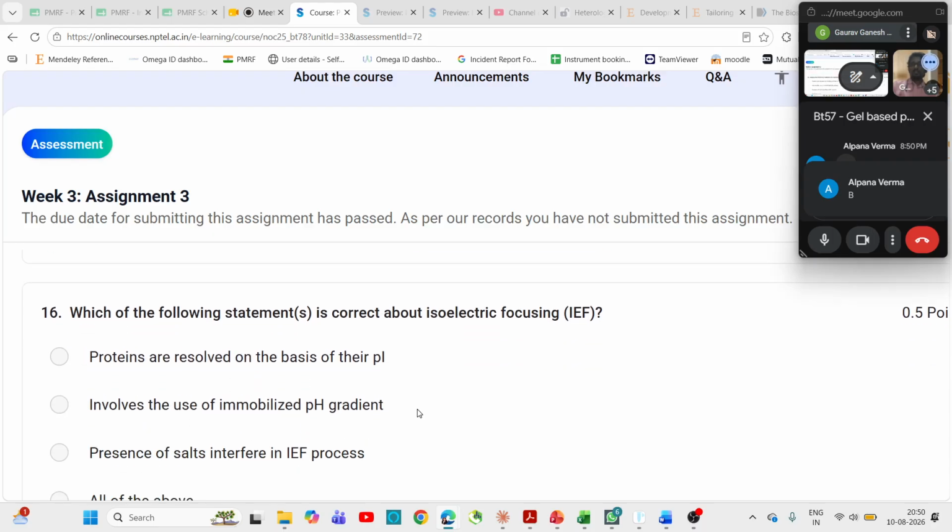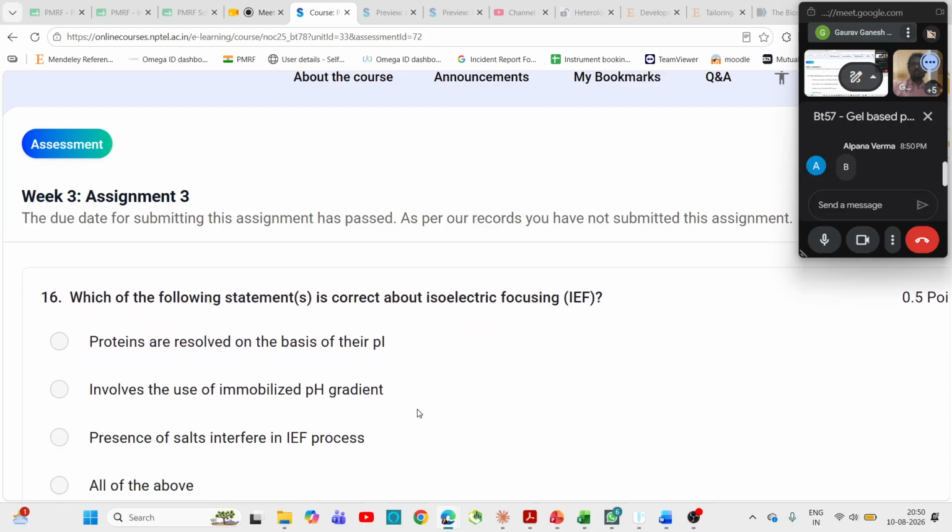Which of the statements is correct about IEF? All of the above.